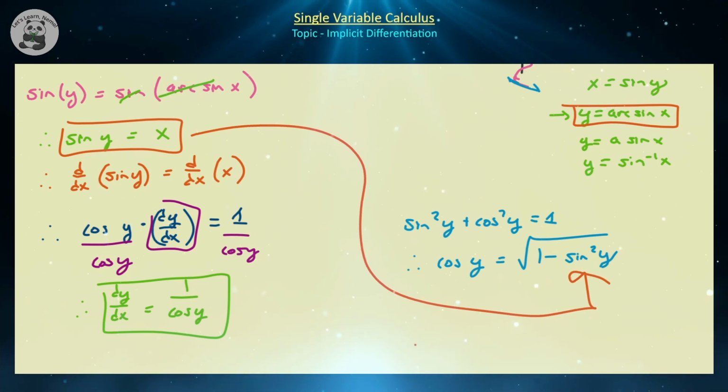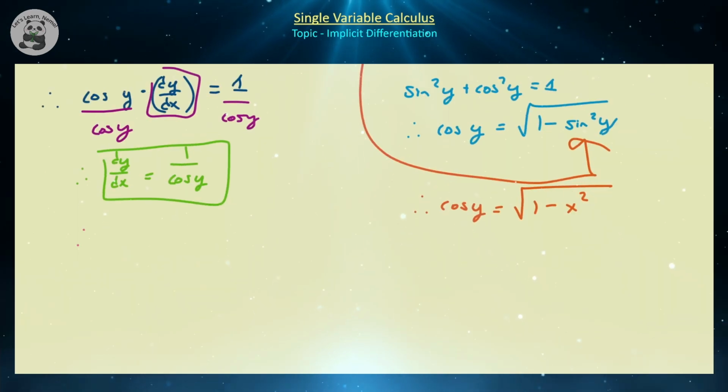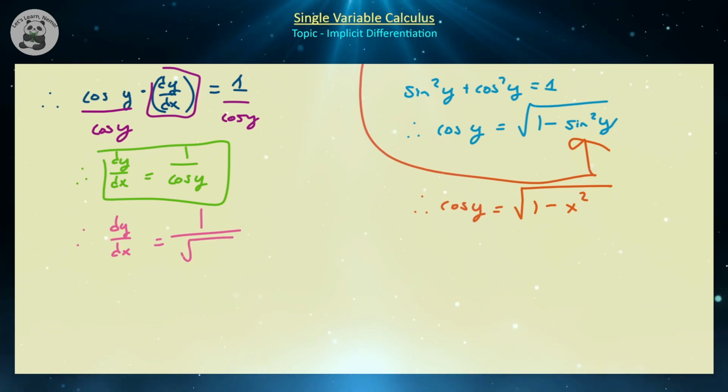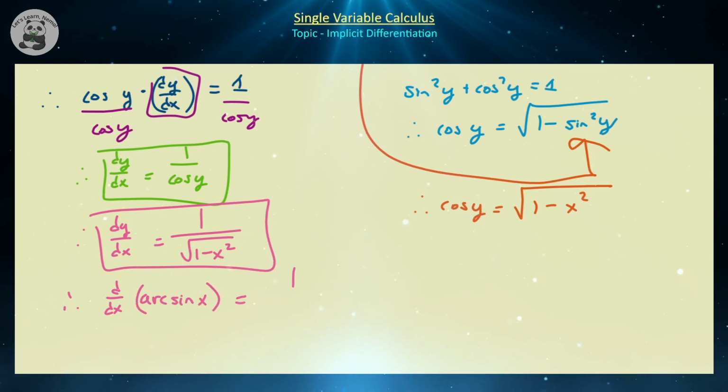So I can replace that, and the cosine of y is equal to the square root of 1 minus x squared. Therefore, dy over dx is also written as 1 over the square root of 1 minus x squared. But what was dy over dx? Dy over dx was the derivative of the arc sine of x.